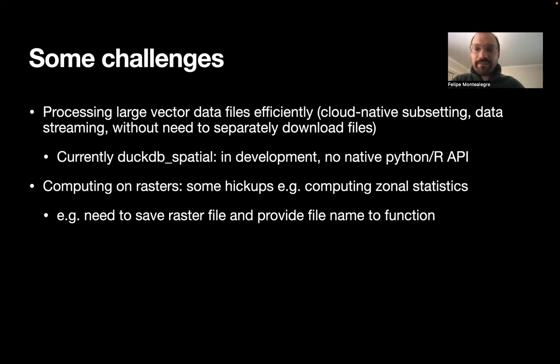We started playing around with DuckDB Spatial, which seems to be a great tool. The one problem is it's not super native for Python yet. There's no Python API. As with regular DuckDB, you have the Ibis framework.